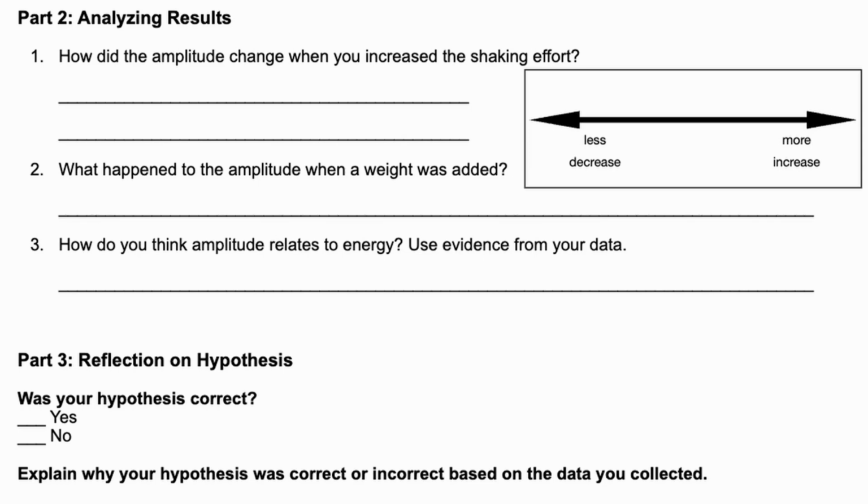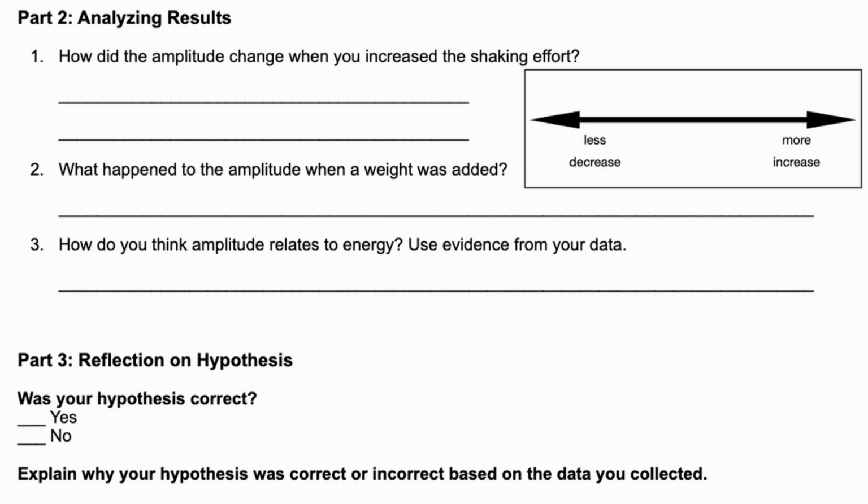So we're going to kind of look at our chart with low effort. How is the amplitude compared to high effort, and how did having more shaking, an increased shaking effort, contribute to the change in amplitude there? And then take your time, write a complete sentence to explain that. Pause the video if you need more time.